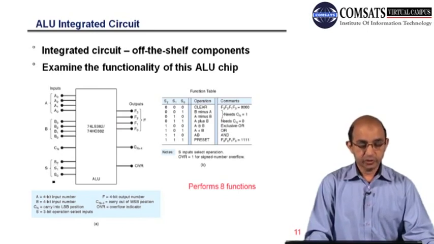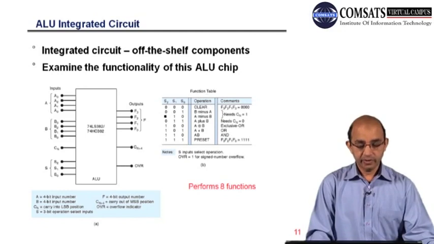And these are the switches, and those switches are actually the control switches, and they specify different function types. This is the output. And this is the carry out, or you can say the carry at the most significant bit position. And this is the overflow, because there can be a situation when we add two numbers and we have overflow, and in that case this has to come into function.